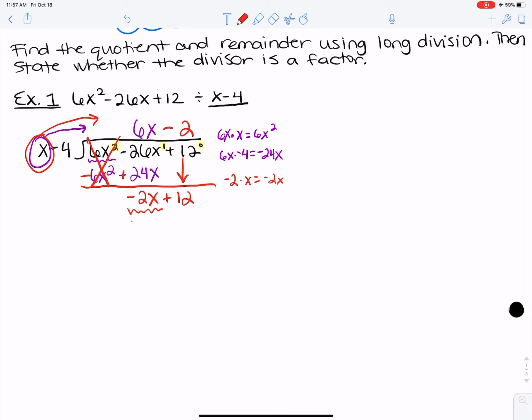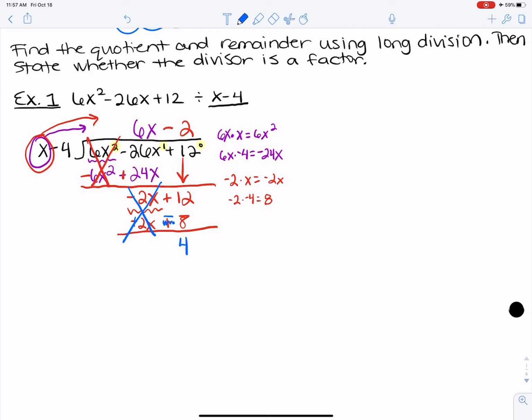Negative 2 times x is negative 2x, and negative 2 times negative 4 is positive 8. And don't forget to change your signs because we're subtracting. Subtracting a negative is positive, subtracting a positive is negative. And so solve. Negative 2x plus 2x goes away, and 12 minus 8 is 4.